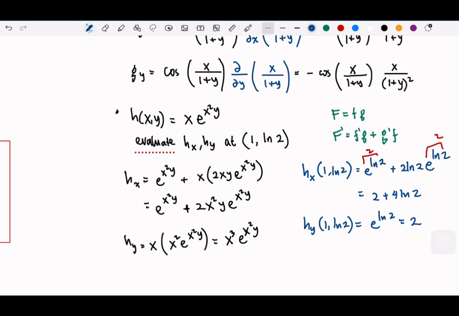So far we can derive partially with respect to x or with respect to y. And of course, if we increase to more than 2 variables, it will be slightly similar. The differences depend on our definition of the function itself.